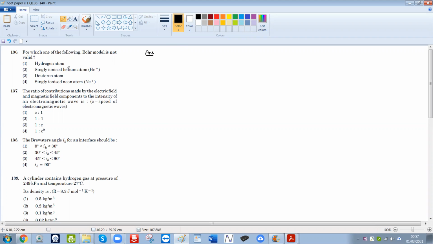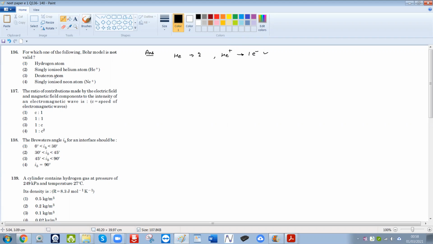Now if we consider singly charged helium atom, helium has atomic number 2. So when we convert it into helium positive ion, it will be left with 1 electron, and hence Bohr model will be valid for this species.